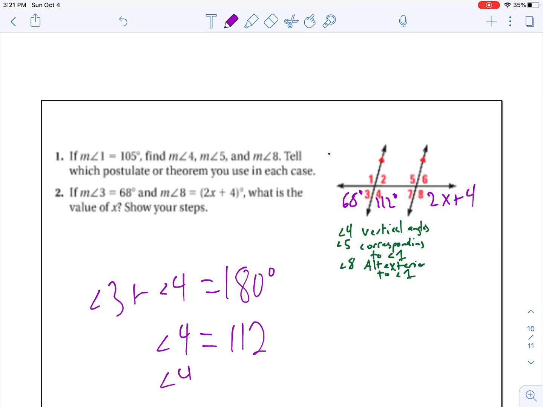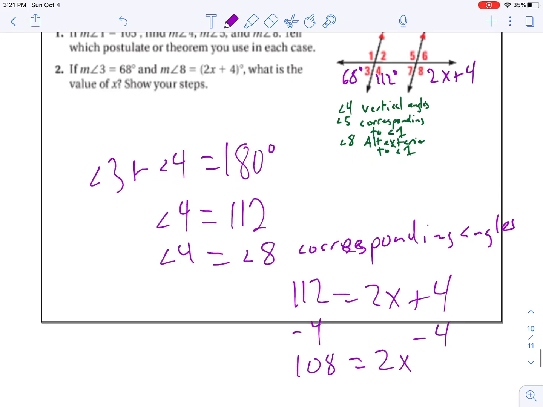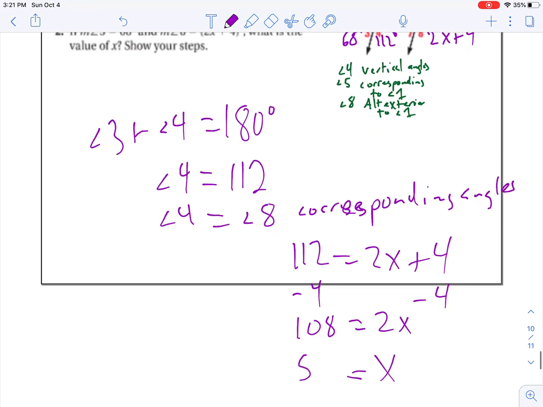Angle 4 has to be equal to angle 8 because they are corresponding angles. So 112 will have to equal 2x plus 4. We subtract our 4 from both sides. I get 108 equals 2x, and we divide. We get x to equal 54.